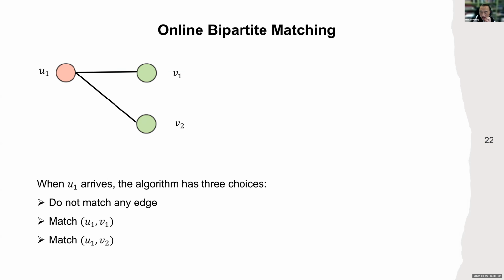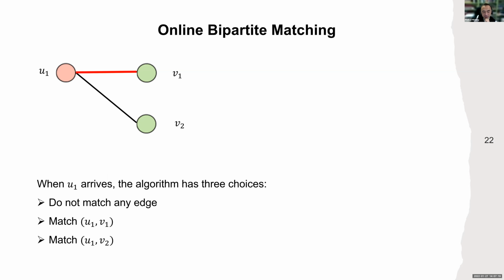These are the only three possibilities. So let's see. If you do not match, that's definitely bad. Why? Because then the adversary just stops. It tells you there's one applicant. You do not match it, your performance is 0, and the optimal is 1. So it's infinity, right? You're infinitely worse. Okay, so definitely that's not good.